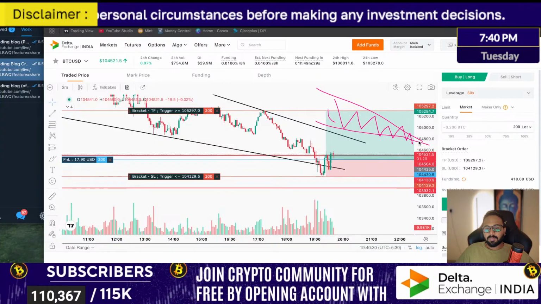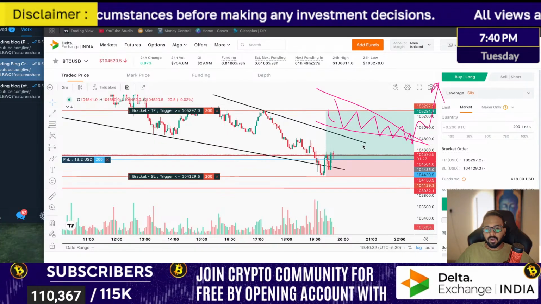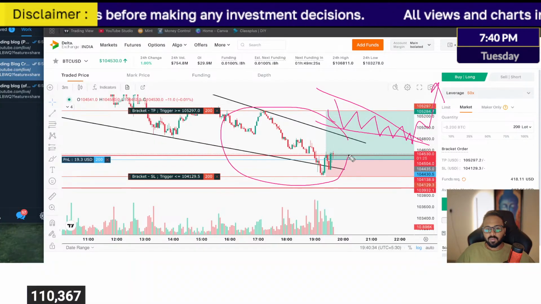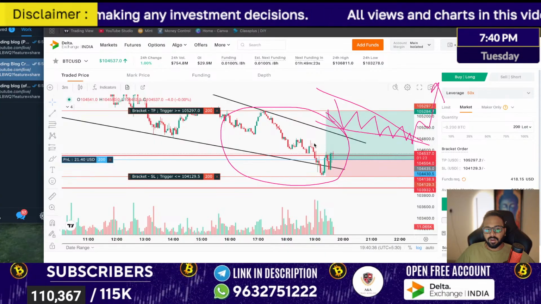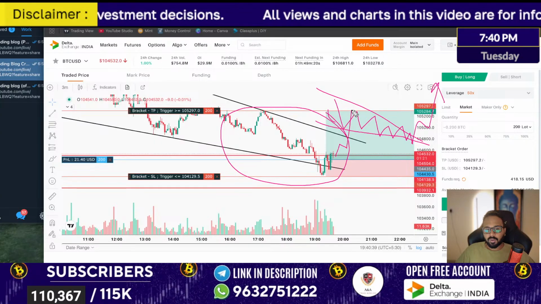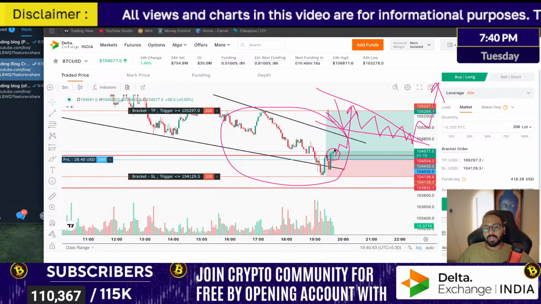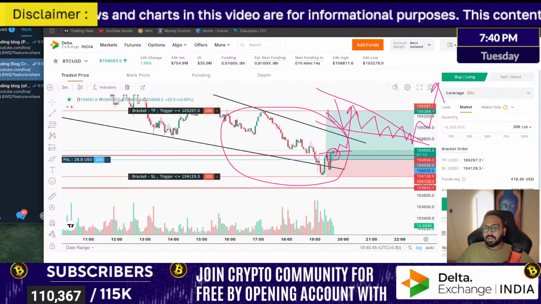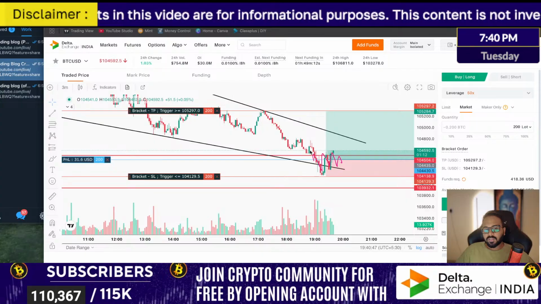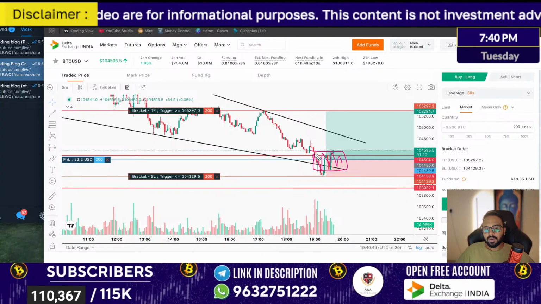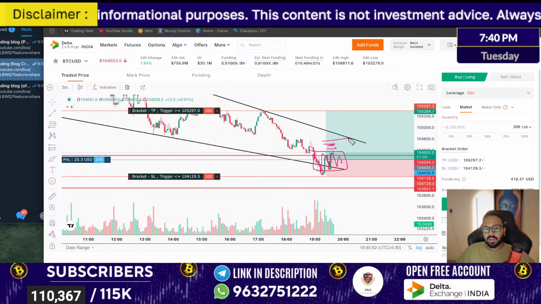In a downtrend, there is a price action setup where it has to give a breakout. That breakout setup is what I'm following right now. If the market wants to hunt these people's stop loss quickly, the movement has to happen, but it is holding on to this range for quite some time. If the market holds this range for a longer duration, liquidity on top also will be created.